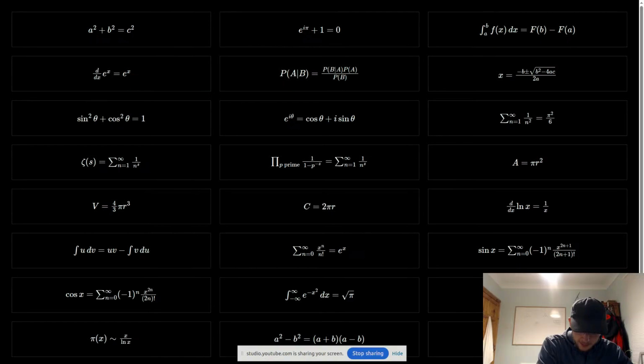And then there are natural logarithms. So we might just say that the natural logarithm of 10 is 2.30258.